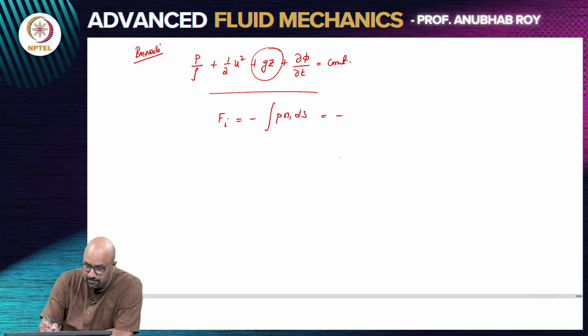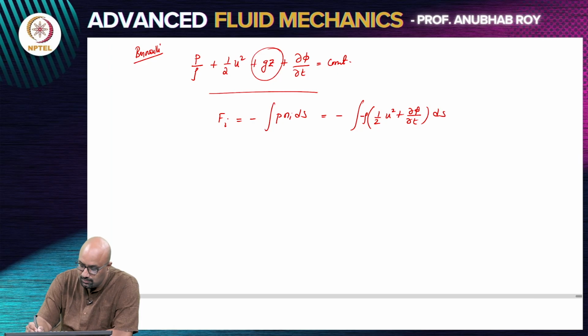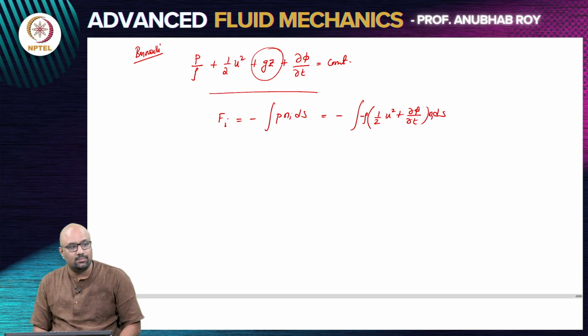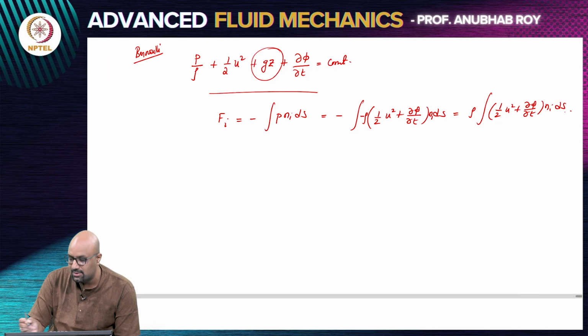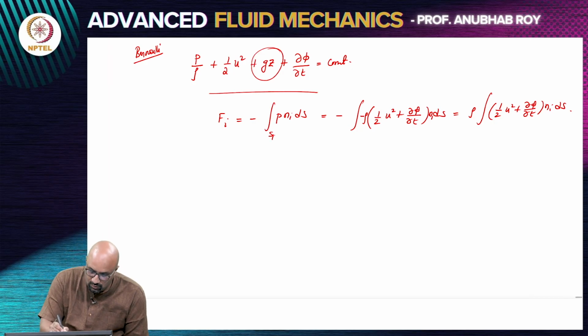I substitute for this, so it is minus rho times half u squared plus dou phi dou t, n_i dS, which is rho times the integral of half u squared plus dou phi dou t, n_i dS. This is all over the body surface.